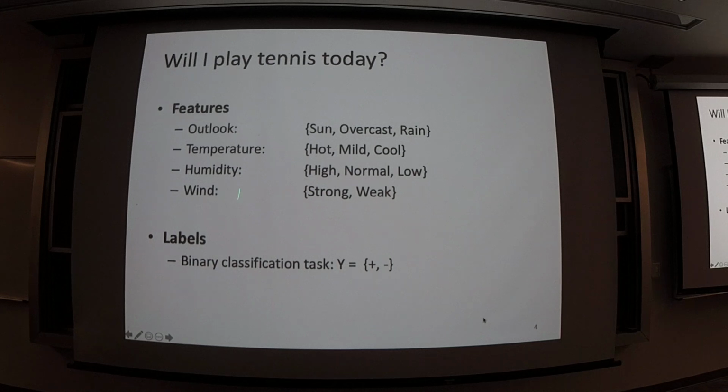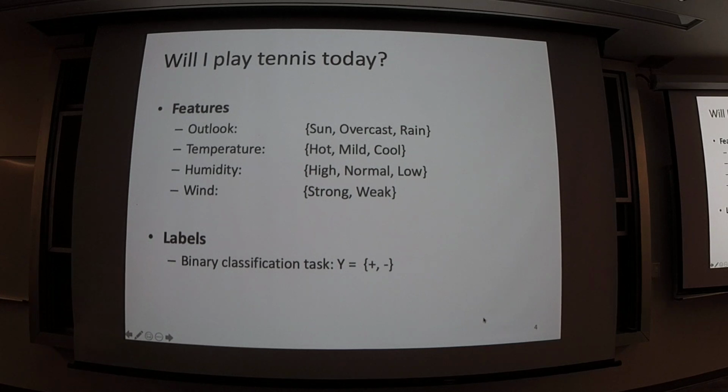We're going to use 4 features: outlook, temperature, humidity, and wind. All 4 features are categorical. The outlook feature has 3 possible values: sunny, overcast, and rain. Temperature has 3 possible values: hot, mild, and cool. Humidity has 3 levels: high, normal, low. And wind can be strong or weak.